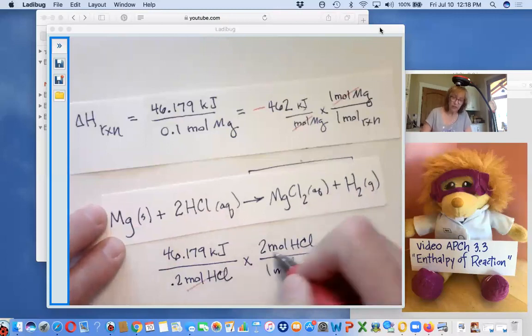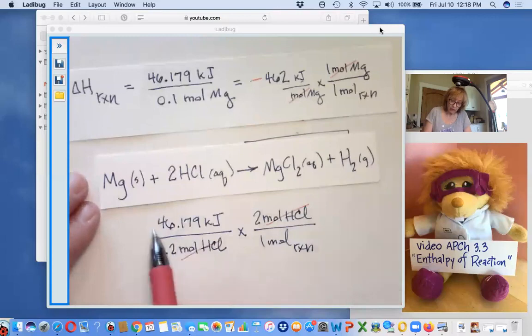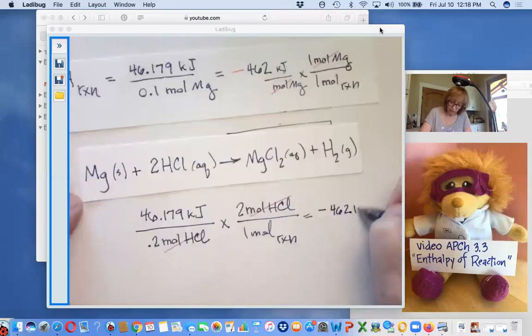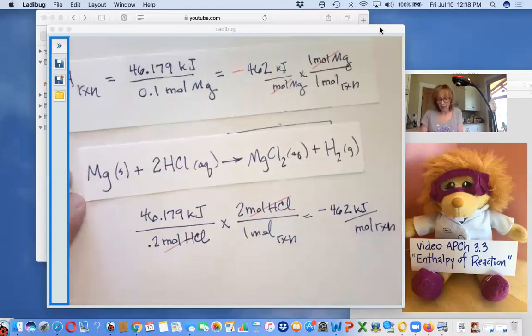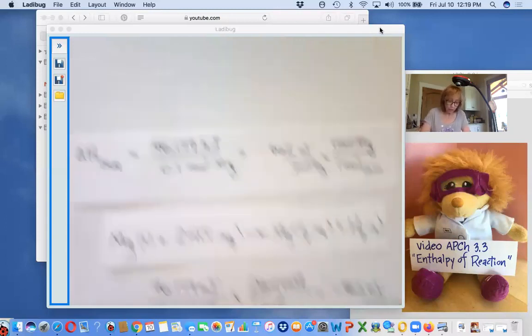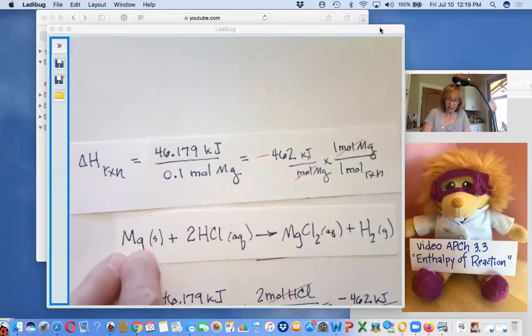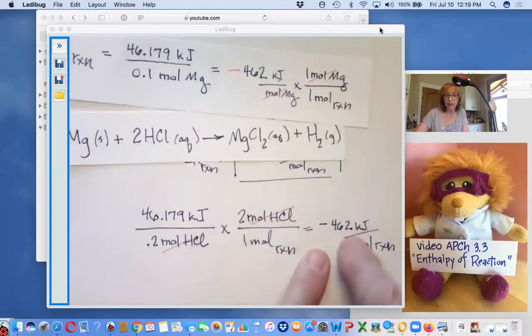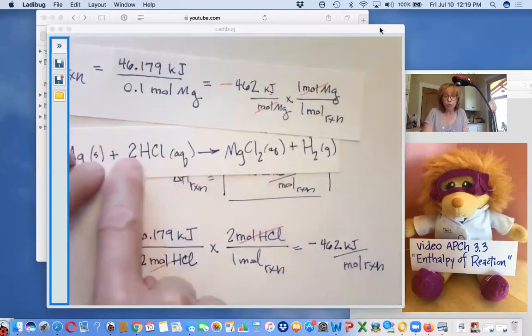Moles HCl divides out. Now when you multiply through and divide, your answer is exactly the same. Negative, because exothermic, 462 kilojoules per mole reaction. This is saying that this many kilojoules are released for every 1 mole of magnesium, or per every 2 moles of HCl.